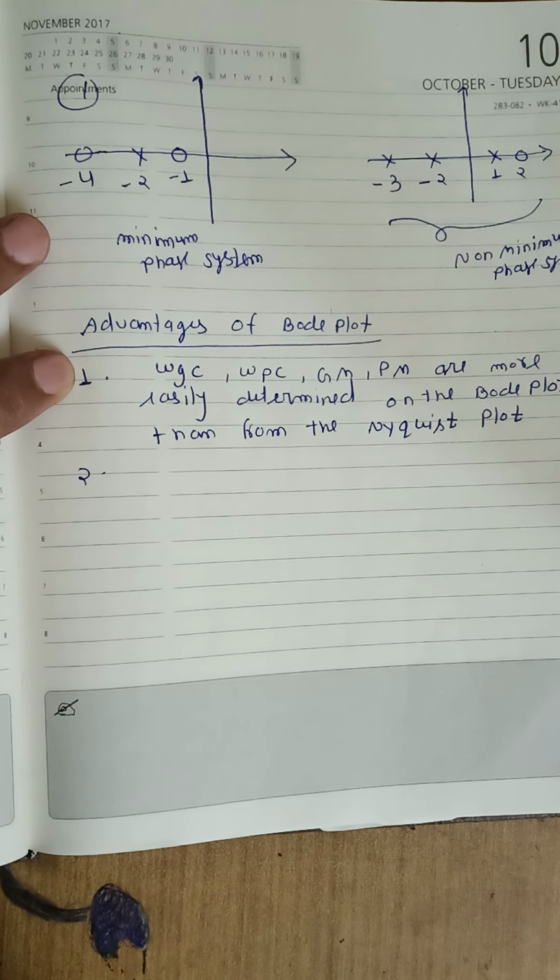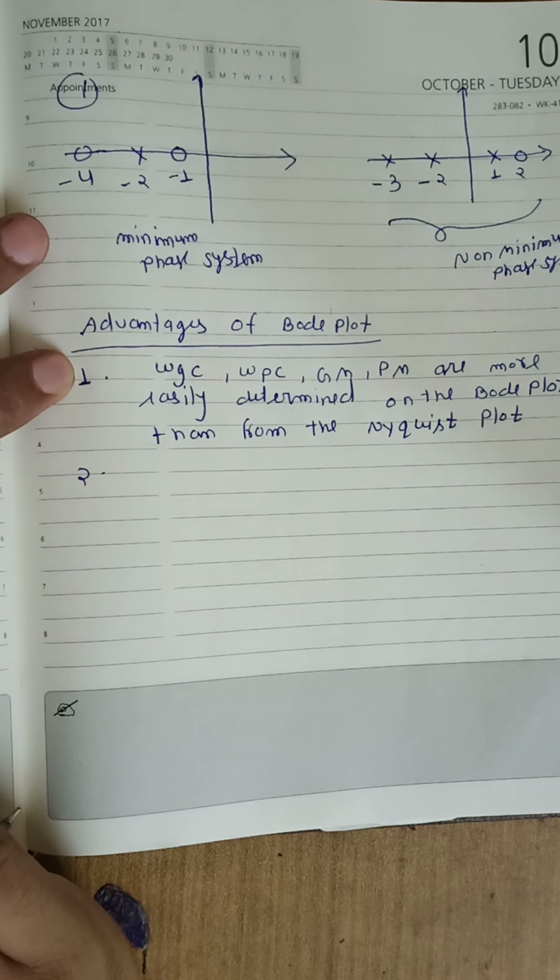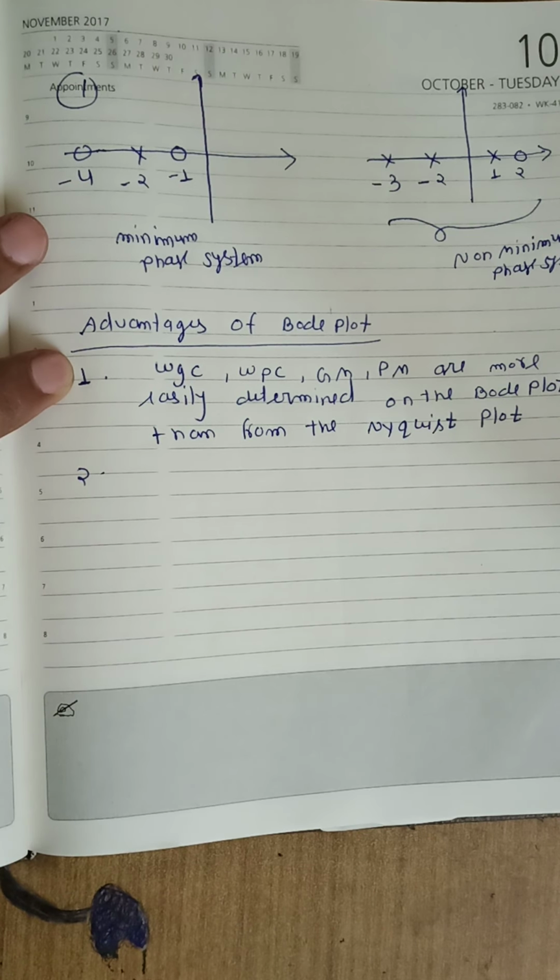Next advantage is that low frequency and high frequency characteristics of the transfer function can be shown in one diagram, that means in the Bode plot.